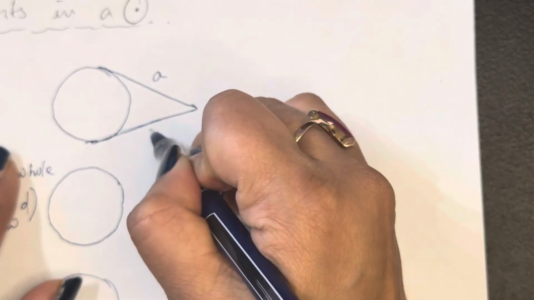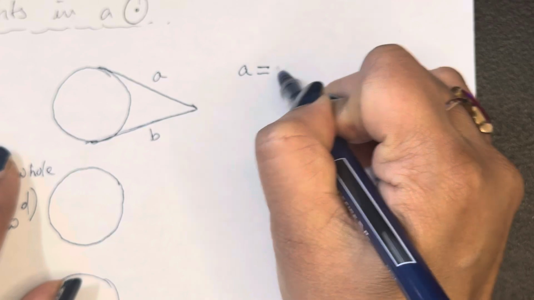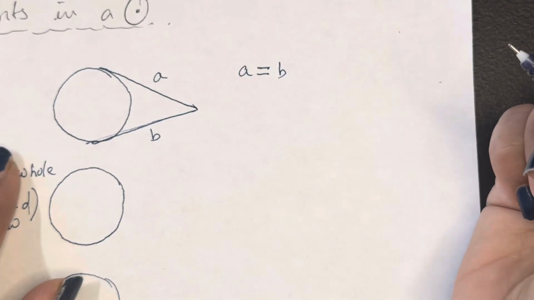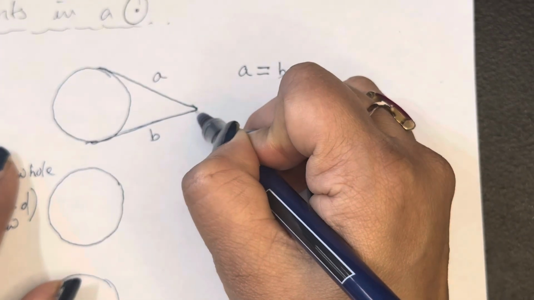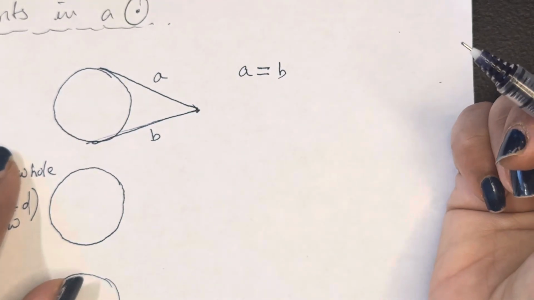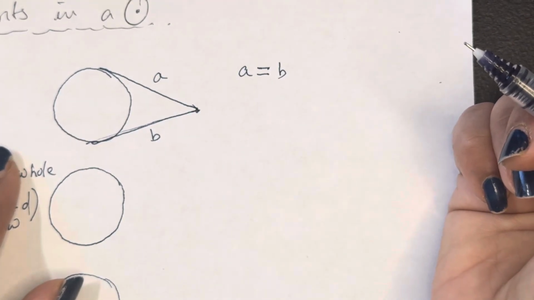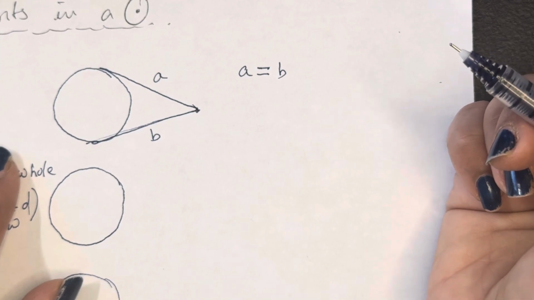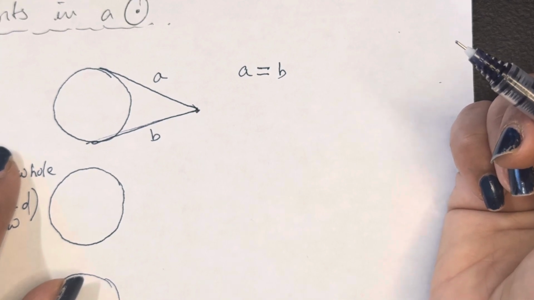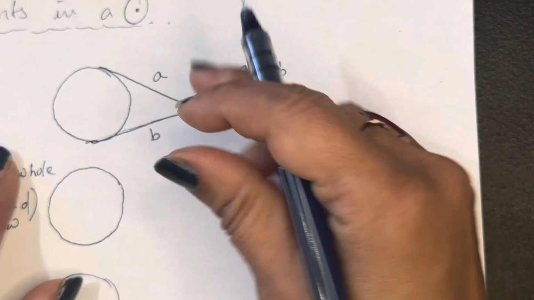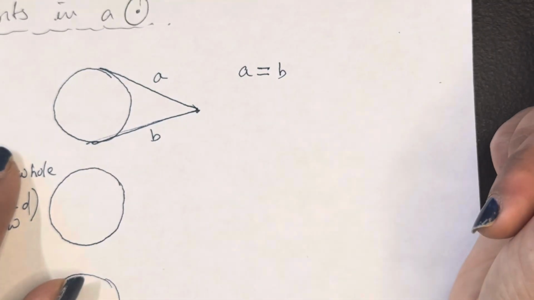If this is A, if this is B, A is always equal to B. Length of tangents drawn from outside a circle from a single point are always the same. You cannot draw more than two tangents from a point outside a circle. And the length of both the tangents to the same circle are always the same.